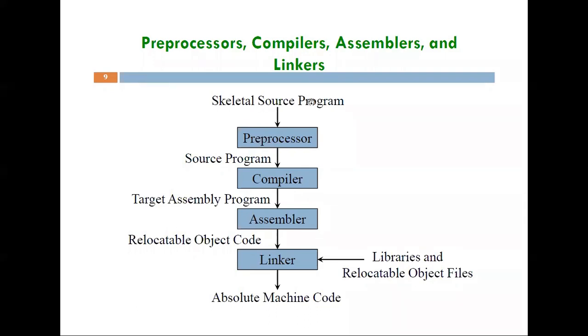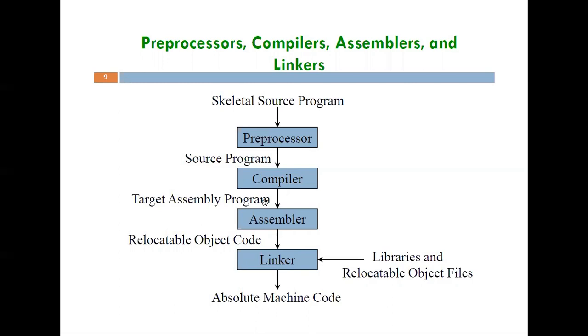That skeletal source program, by using the preprocessor, can be converted into the normal exact source program, which is ready to use. Then the compiler takes the ready to use source program and translates it into the target program. Here it won't translate directly into machine language; it is translated into assembly language.